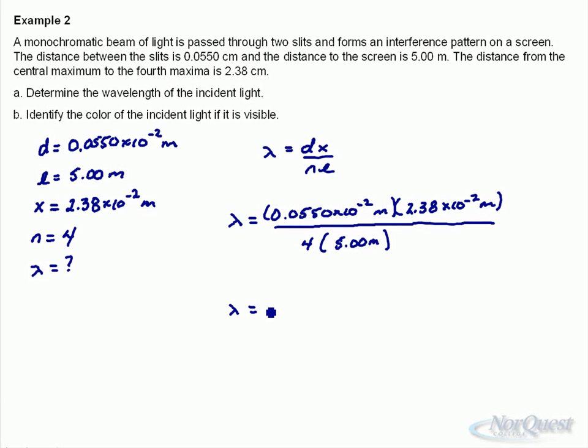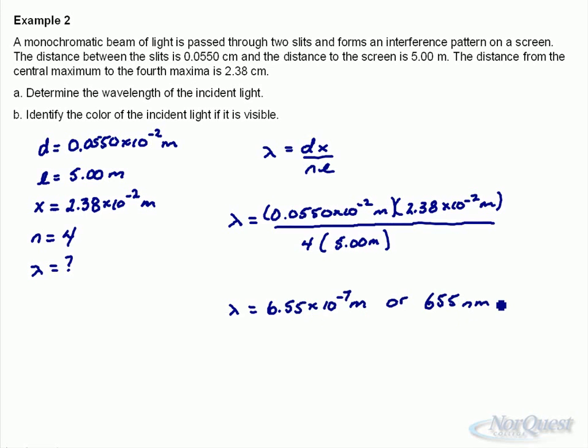Take that answer, divide it by basically 20, and you get 6.545. I guess we go to 3 significant digits, so it should be 6.55 times 10 to the negative 7 meters, or 655 nanometers.